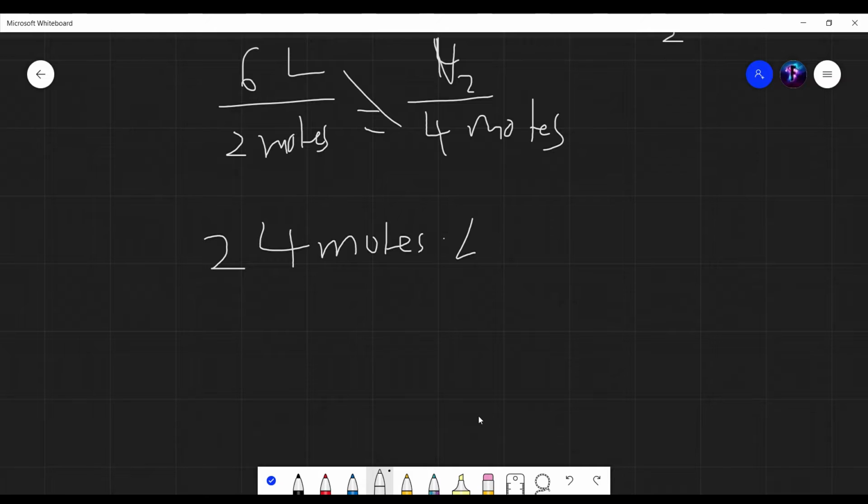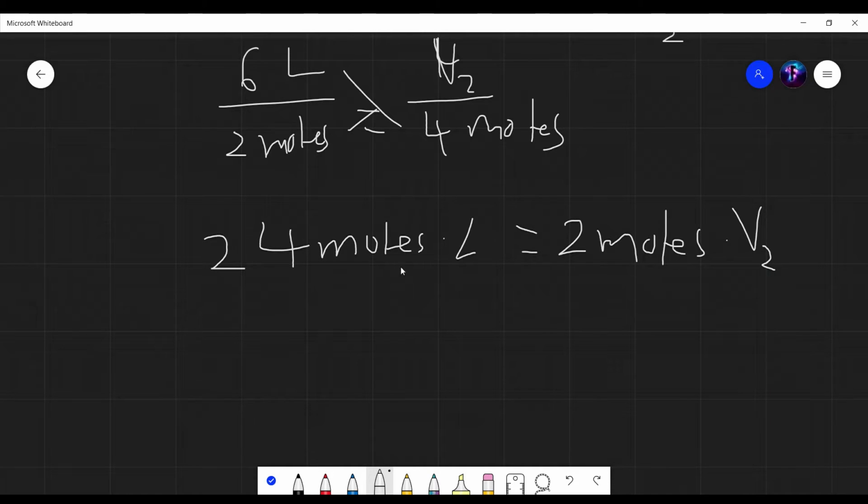I will go check later, but I'm going to leave this here if I got it wrong. So 24 moles times liters is equal to 2 moles times V2.